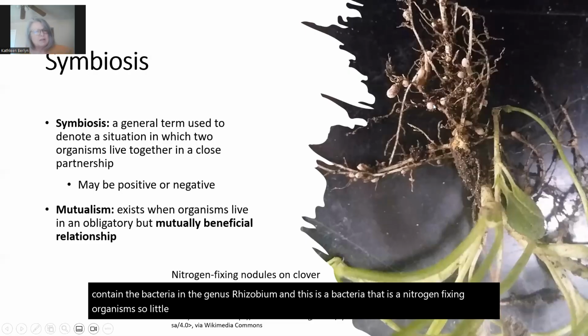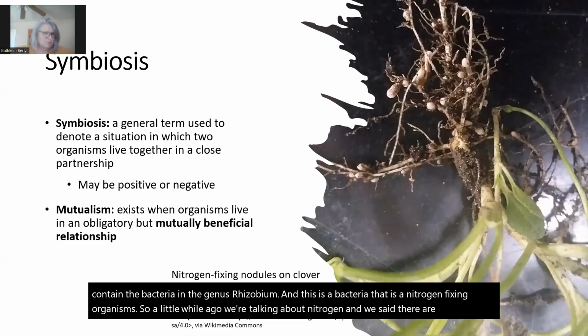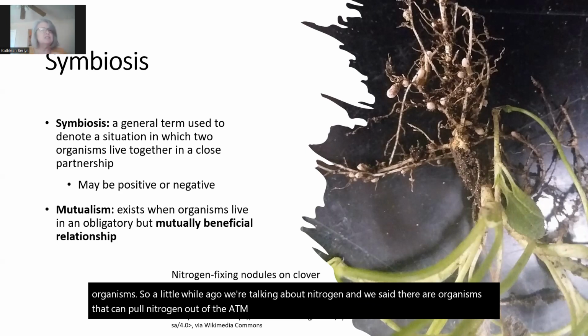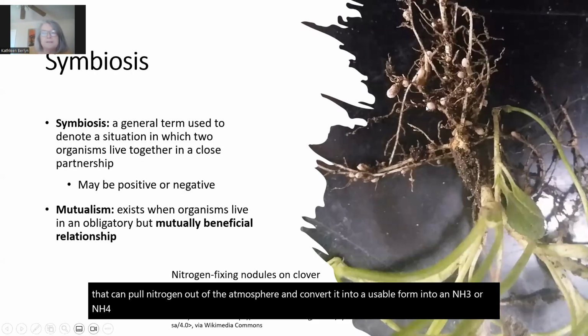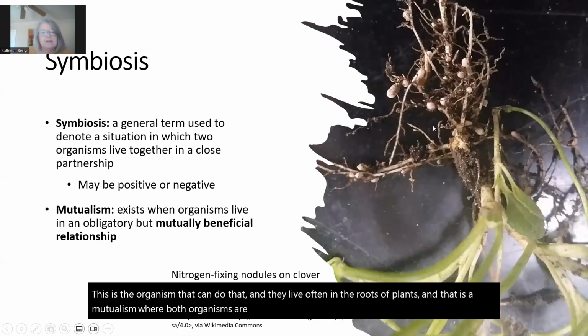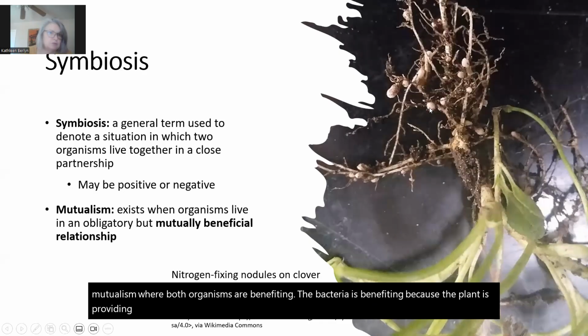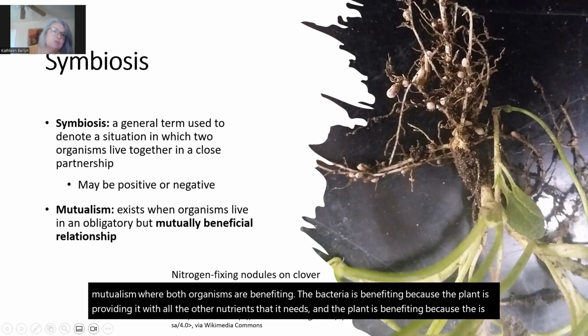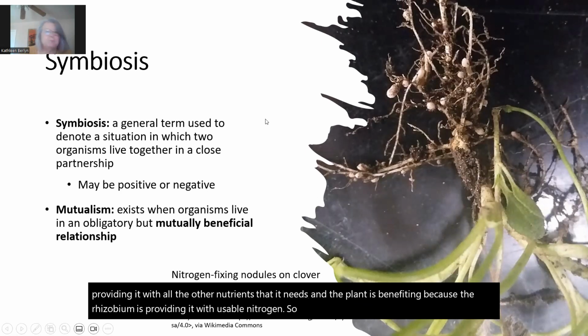A little while ago, when we were talking about nitrogen, we said there are organisms that can pull nitrogen out of the atmosphere and convert it into a usable form, NH3 or NH4. This is the organism that can do that, and they often live in the roots of plants. And that is a mutualism where both organisms are benefiting. The bacteria benefits because the plant provides it with all the other nutrients that it needs. And the plant benefits because the Rhizobium provides it with usable nitrogen so that it can grow.